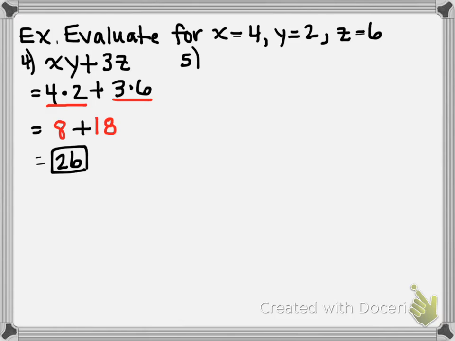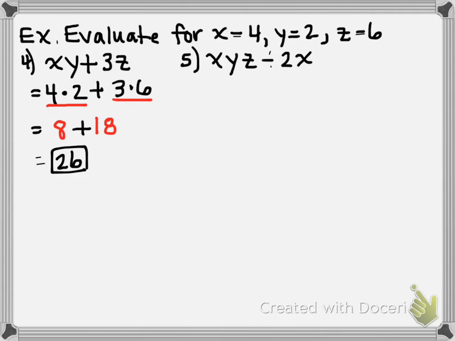Now, last problem is going to be the weird one. So we have xyz divided by 2x. Now, here's where it gets weird. Because these are variables, we have no idea what the author of this problem meant by 2x. Did he mean 2 times the x value, or did he mean, let me back up.